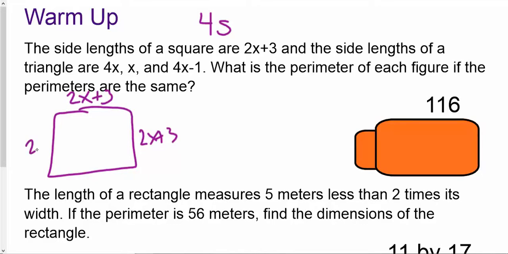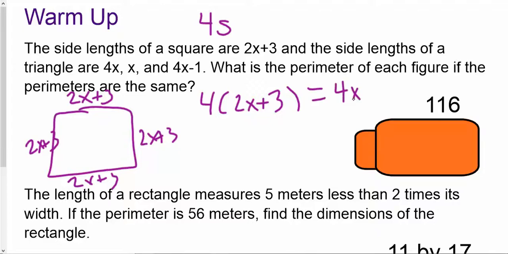And so if we're talking about this from a perimeter standpoint, we can just do 4 times 2x plus 3. Now we're told that this is the exact same perimeter as this triangle, which has side lengths of 4x, x, and 4x minus 1. And so I'm just going to simplify both sides here.